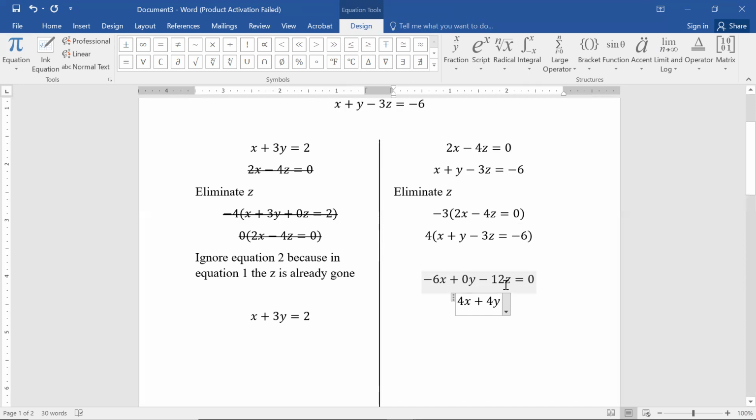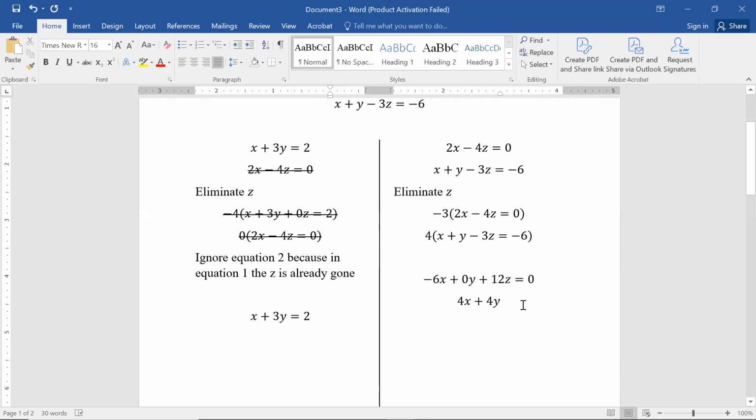Oh, my apologies, on that first equation, that should have been a plus 12z. On the second one, when I multiply through, I end up with 4x plus 4y minus 12z equal to -24. Again, apologize for that mistake.